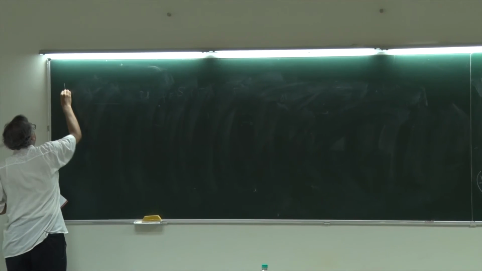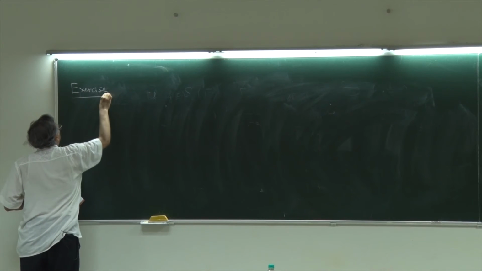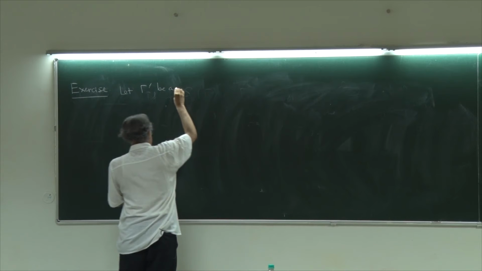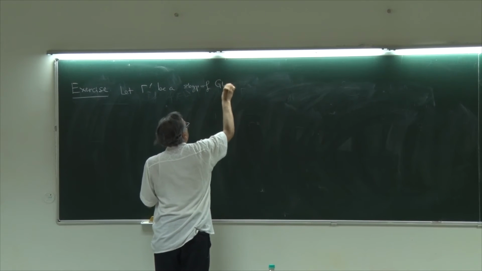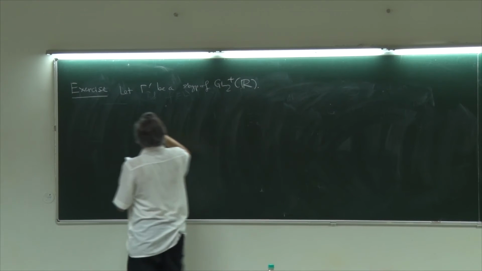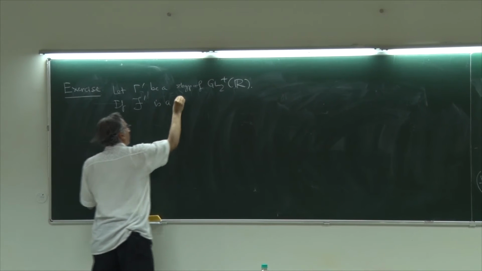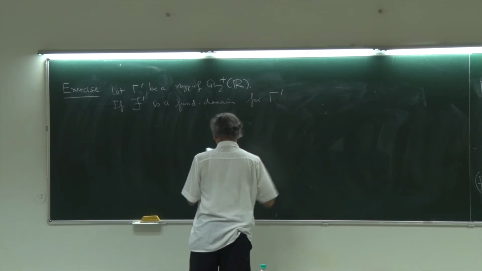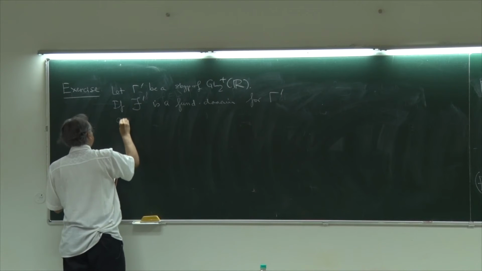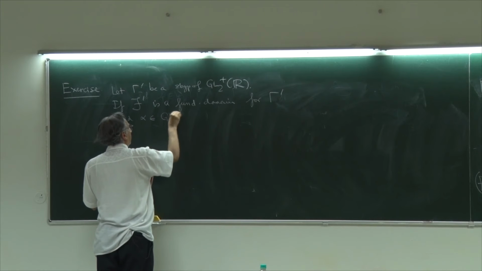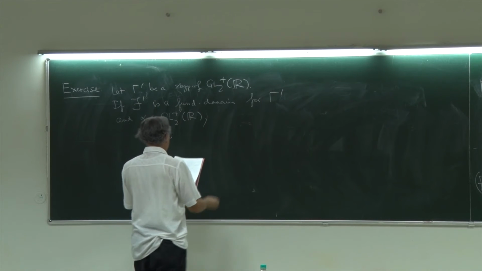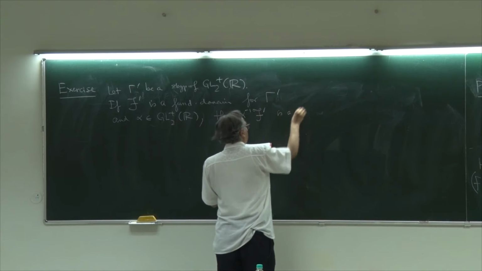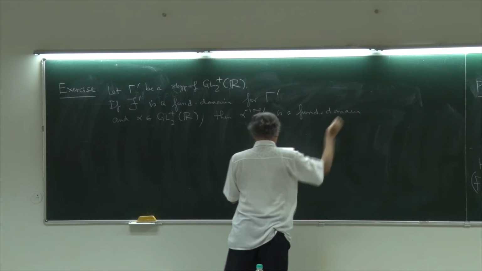Okay, so now I'm going to move a little faster because I'm going to get stuck if I keep on doing this. So let Gamma prime be a subgroup of GL2 plus R. If F prime is a fundamental domain for Gamma prime, and alpha is in GL2 plus R, then alpha inverse F prime is a fundamental domain for the action.